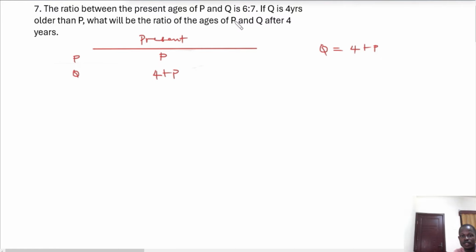What will be the ratio of the ages of P and Q after 4 years? This is for the present. After 4 years, let's analyze this also.